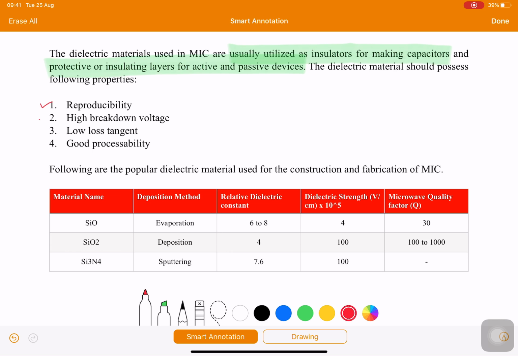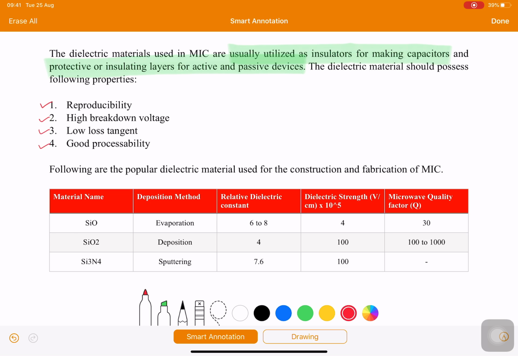The third property is similar to substrate material. The dielectric material should possess a low value of dielectric loss tangent. And the fourth is good processability. They should have the property to undergo mechanical operations, in order to resize and reshape them. All these properties are indicative of good processability, right?